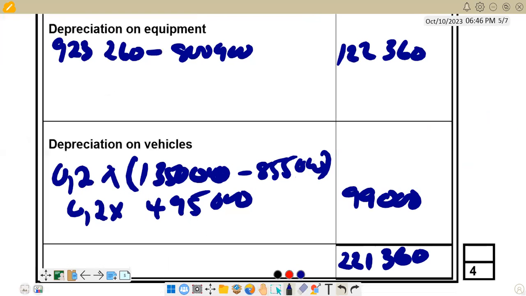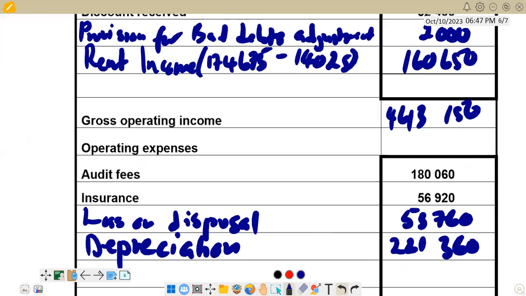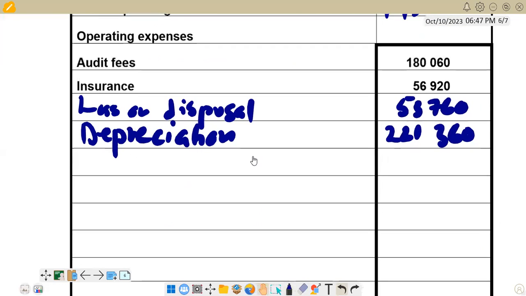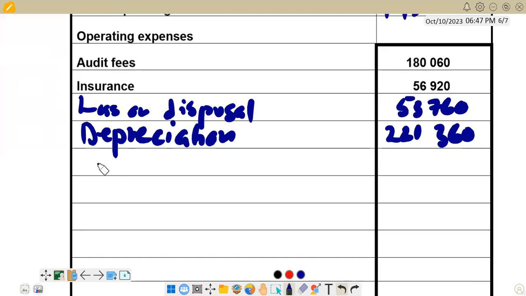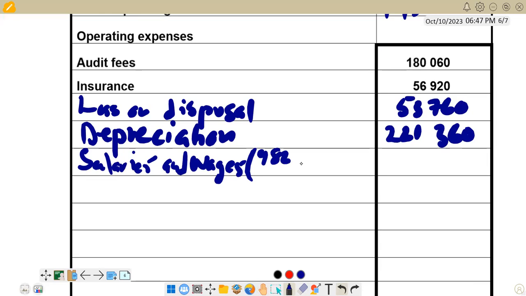And then we go there. Now we summarize that working. Here we have salaries and wages. Remember, we are saying the figure that we are given in the list of balances for salaries and wages is 982,290.